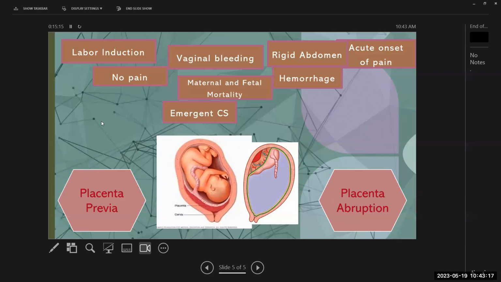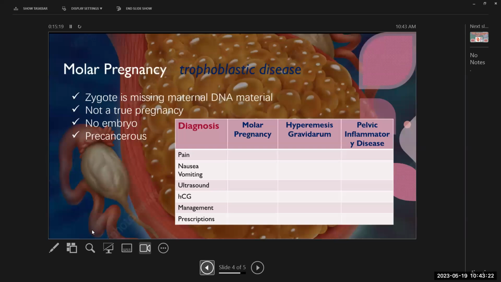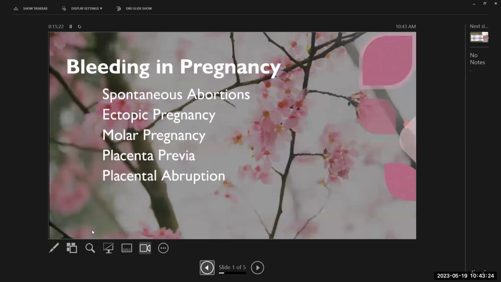So these are the five areas of bleeding during pregnancy: the spontaneous abortions, the threatened, which we can potentially save, but the inevitable, a lot of pain, a lot of bleeding. And both of these, we're going to monitor the HCG levels.